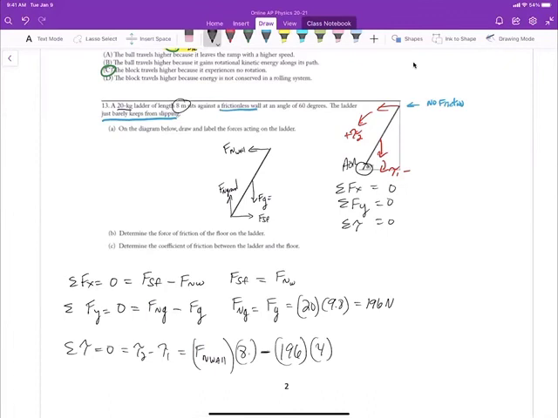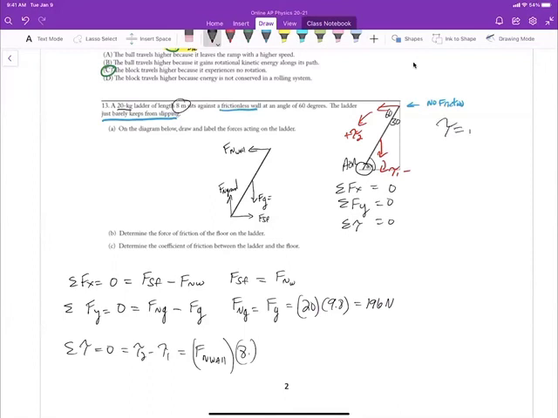And, oh, we forgot some angles, did we not? Let's go back. We've got to evaluate some geometry. This is 60 degrees. This is 30 degrees. This is 60 degrees, okay? So we've got to determine the angle.